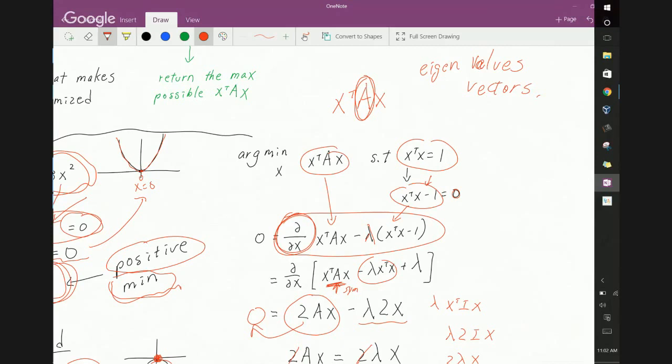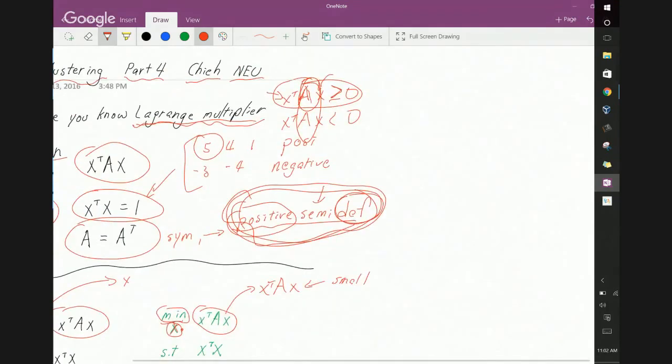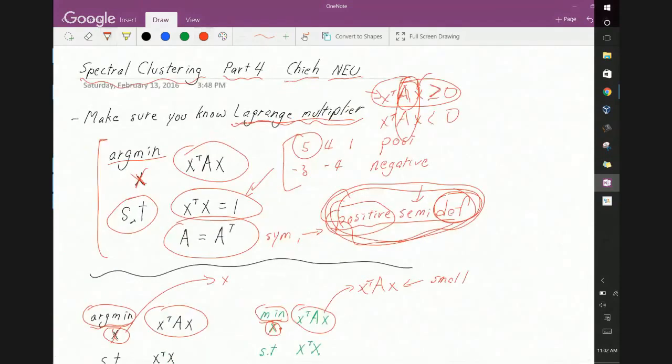If we can find the smallest eigenvalue, its corresponding eigenvector is the x that we're looking for. That's how we solve this problem of maximization, minimization.